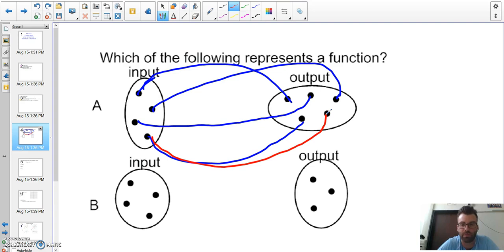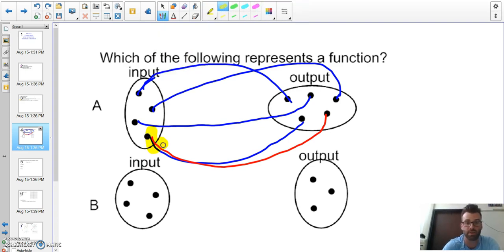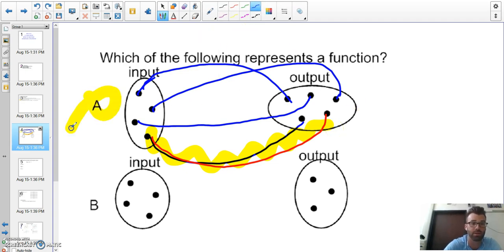For every input, does it have exactly one output? The answer is no, it does not, because of this relation right there. This input has two outputs, so it would not be considered a function, it would just be considered a relation. So this would be a no.